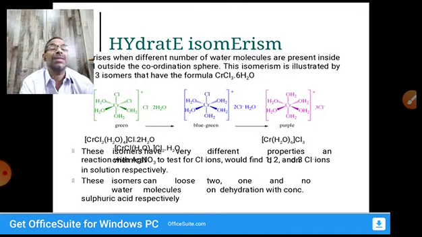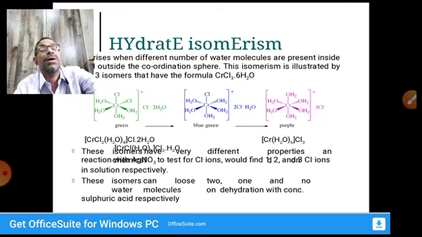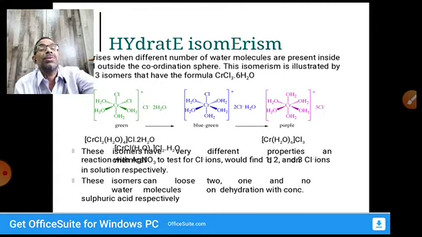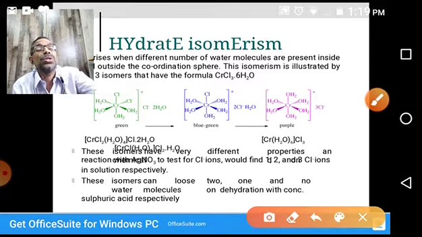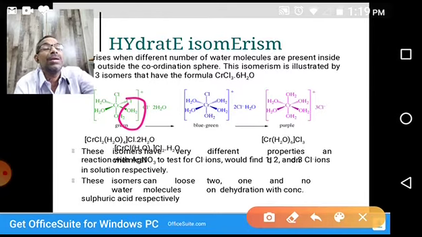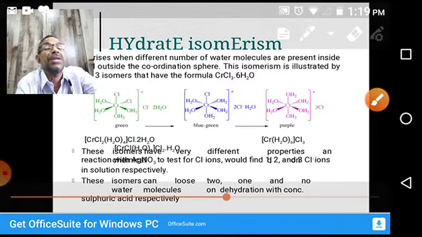The second difference is on heating with sulfuric acid or phosphorus pentoxide. We know that those are dehydrating agents. Dehydrating agents remove water molecules from compounds wherever possible. So even though this compound has water molecules in the coordination zone, these water molecules are not lost in the dehydration process. That's why the number of water molecules participating in the dehydration reaction is changing.